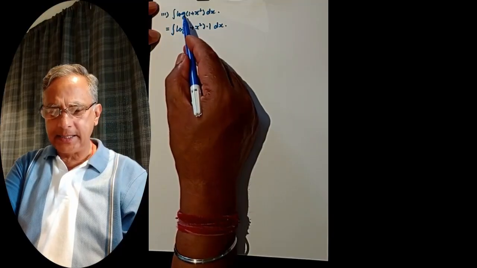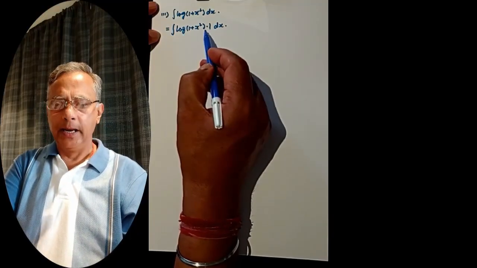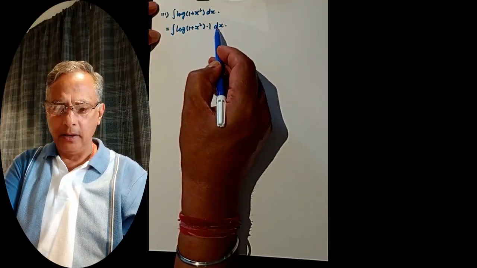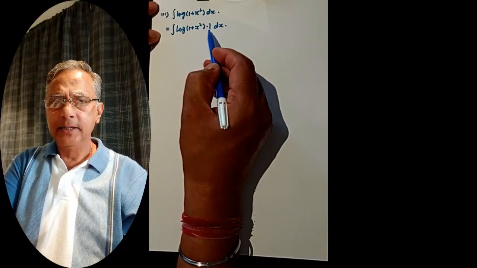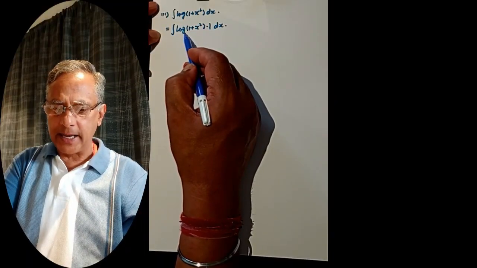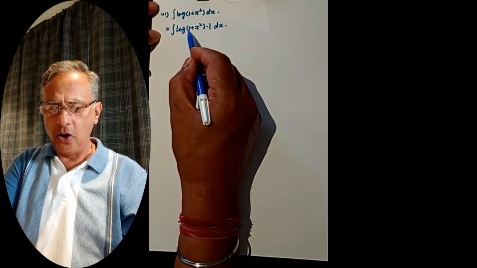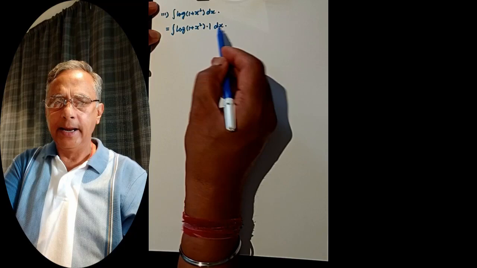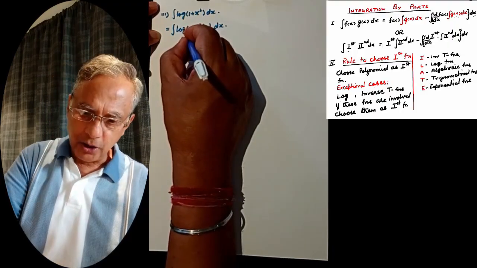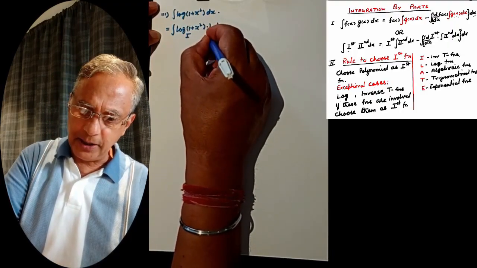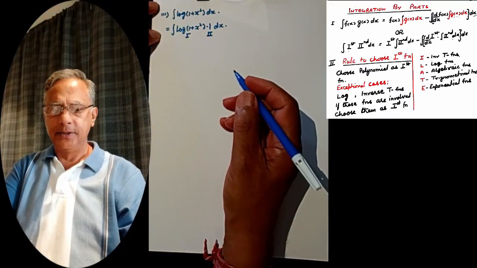We will take this as a first function and 1 as a second function, as we did in case of sine inverse x. Sine inverse x as first function and 1 as second. So here we will take log 1 plus x square as first function and 1 as second function. So this will be regarded as first function, this will be regarded as a second function.